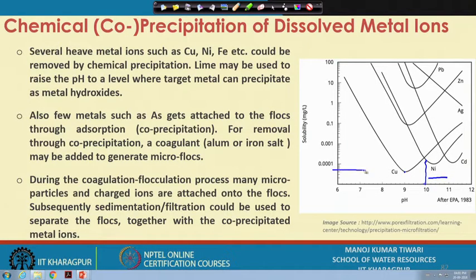Okay. So, copper at around pH 9 has a solubility of less than 0.1 microgram per liter. So, if we adjust the pH accordingly, we know that the solubility increases at lower pH.